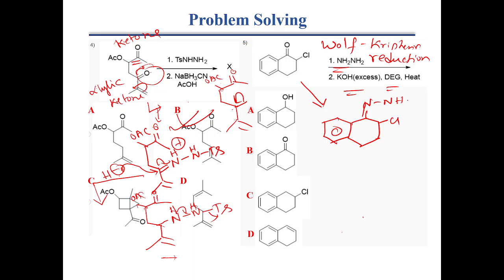Now as KOH in diethylene glycol can abstract this proton and form this negative charge. So we give this one. Now this negative charge will migrate here and this double bond will migrate.